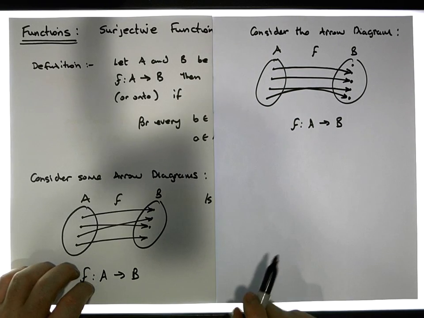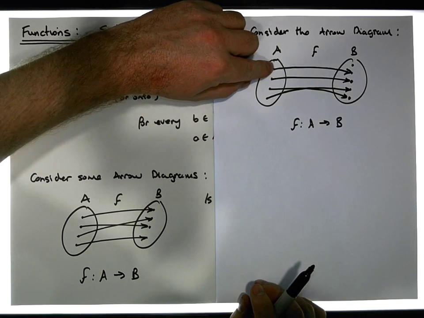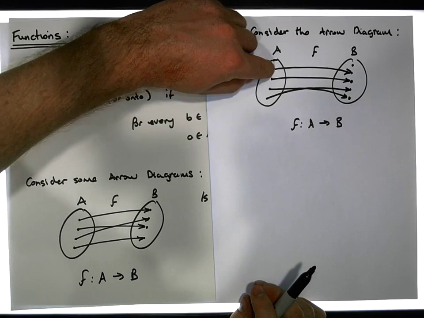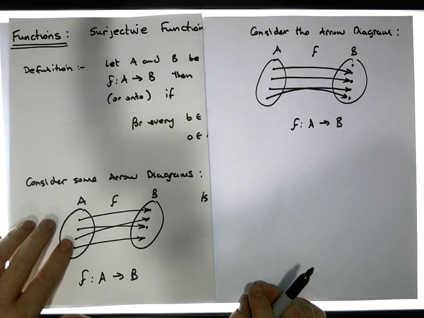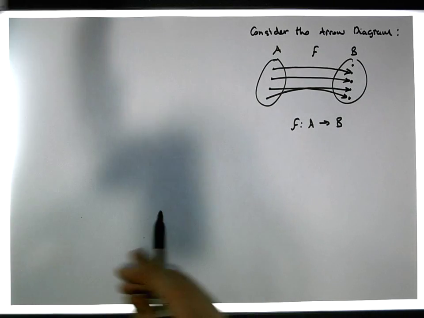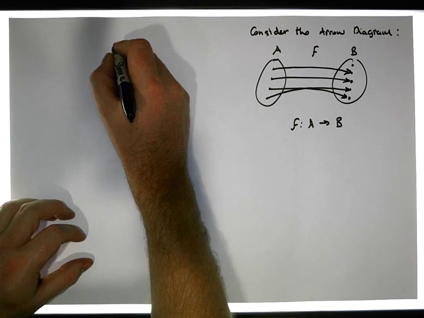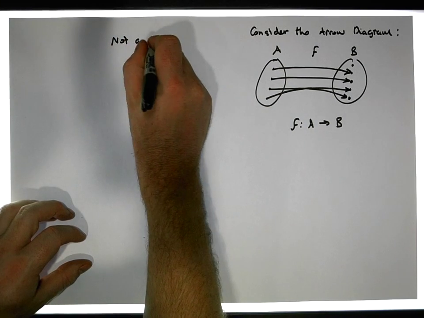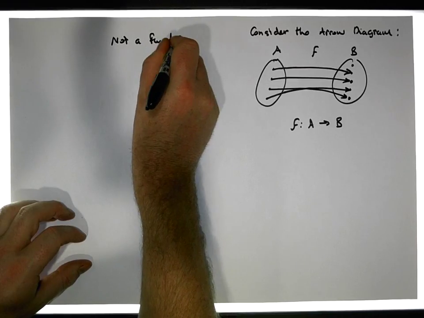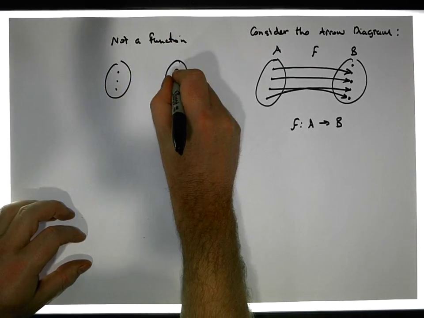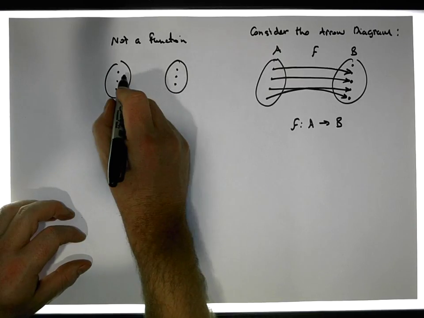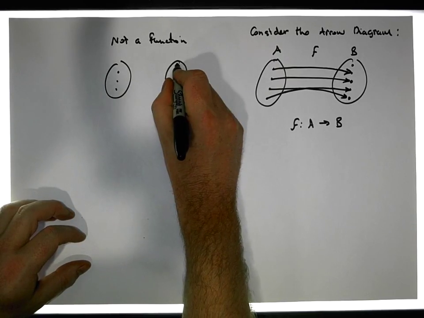And the second condition is that we can never have two arrows leaving a single point here and going to separate points over here. In other words, if I was to give you an example of something that's not a function, we have something like this, and maybe let me put in another value.